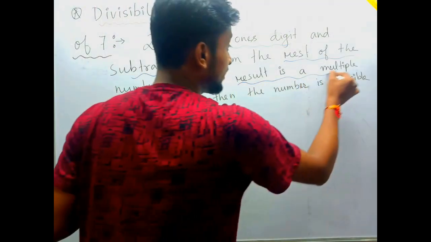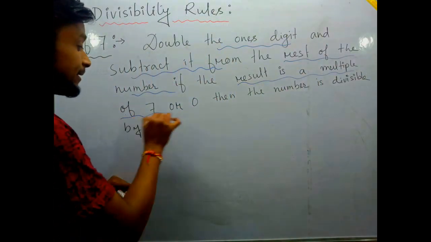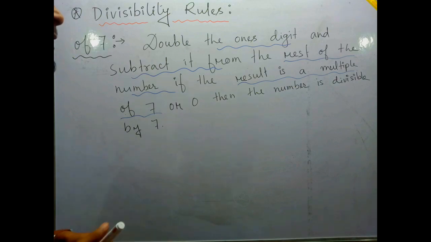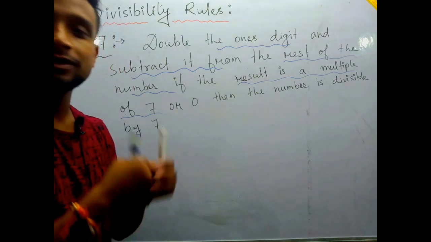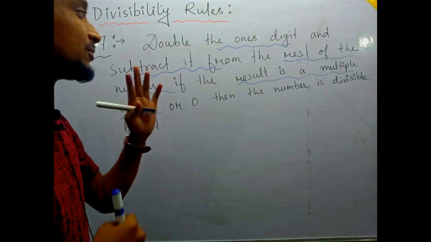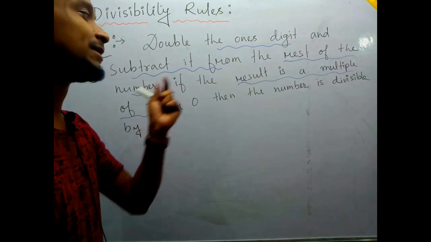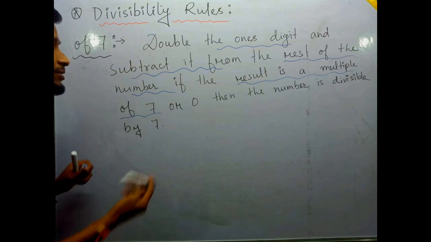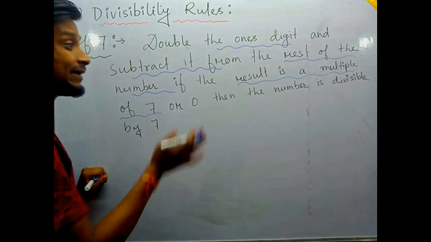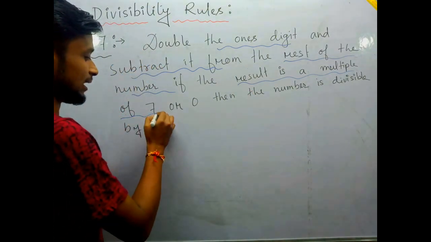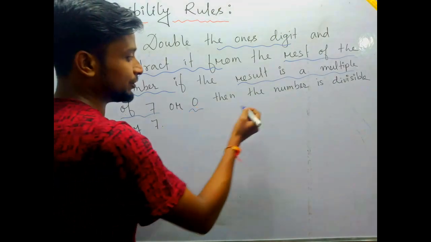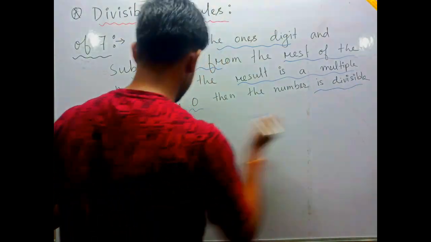If the result is a multiple of 7 or 0, then the number will be divisible by 7.